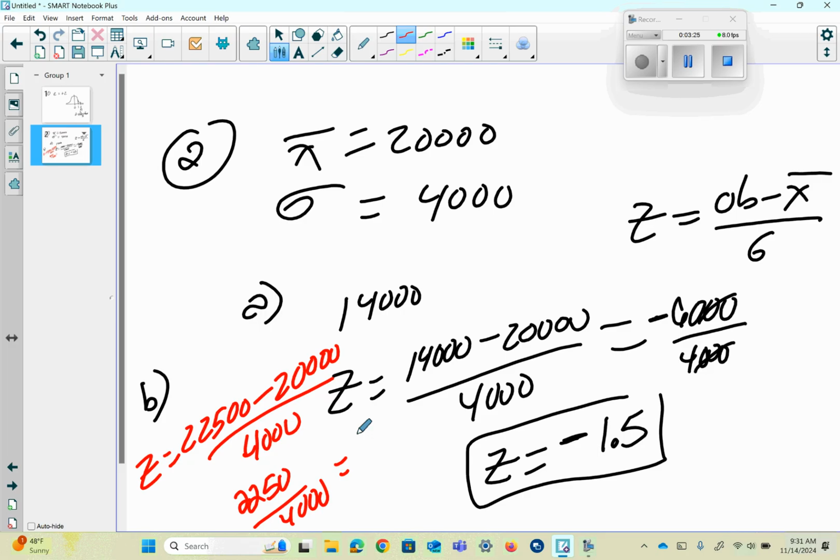I'm going to use a calculator, I can't do it in my head. So 2,500 divided by 4,000. This person would have a z-score of 0.56. So they're 0.56 standard deviations above the mean.